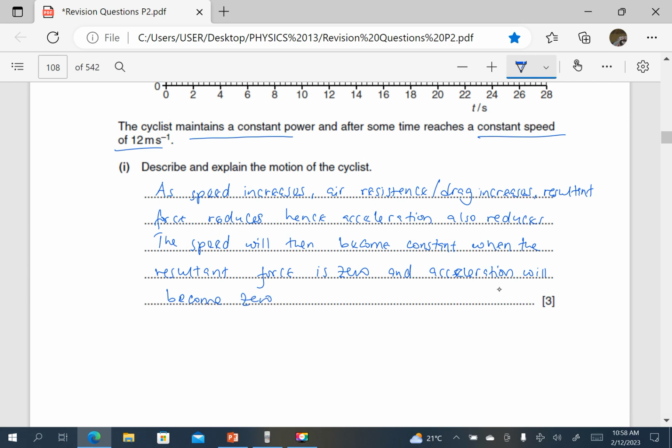So when the speed becomes constant is only because the resultant force is zero. That means the air resistance is balancing with the driving force of the cyclist.